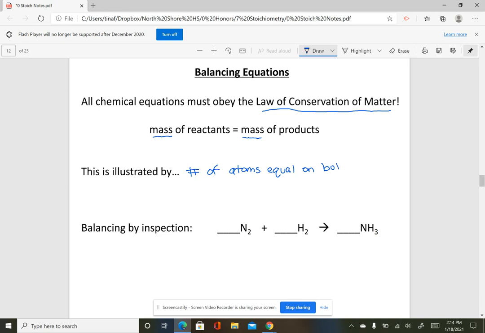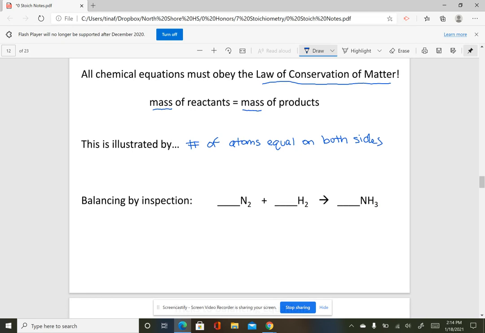Okay, so here's an example of a chemical equation that's not balanced, and I'll show you how I know that. The first thing you want to do is you want to write the elements that are in the reaction underneath the arrow, and then you want to count up how many atoms are on each side. So I have 2 nitrogens on the left side, and I have 2 hydrogens on the left side, and I have 1 nitrogen on the right side and 3 hydrogens on the right side.